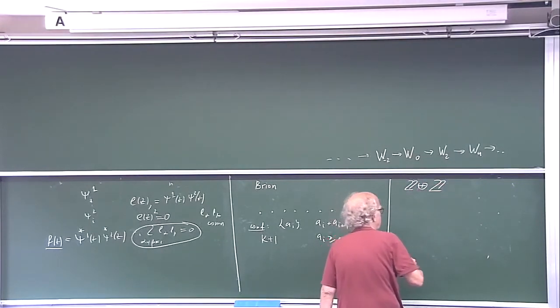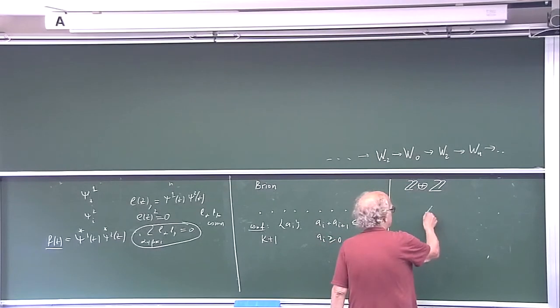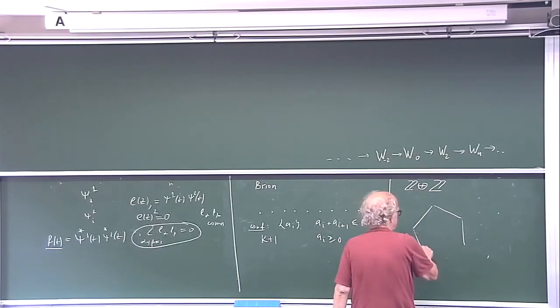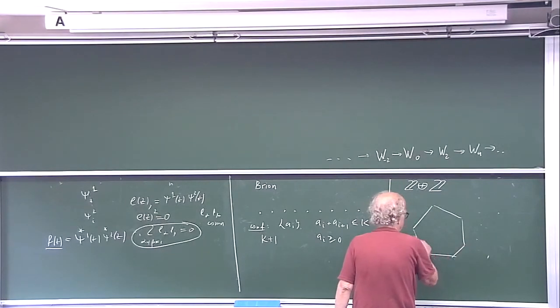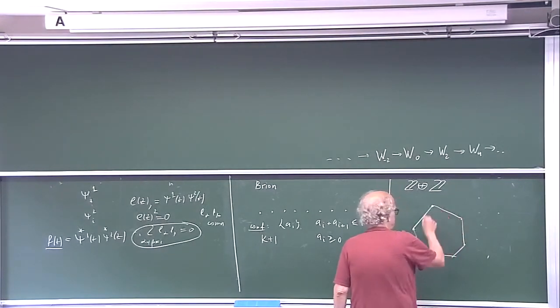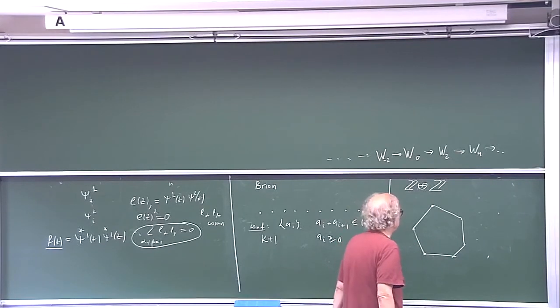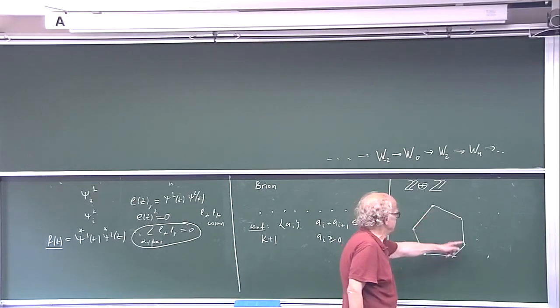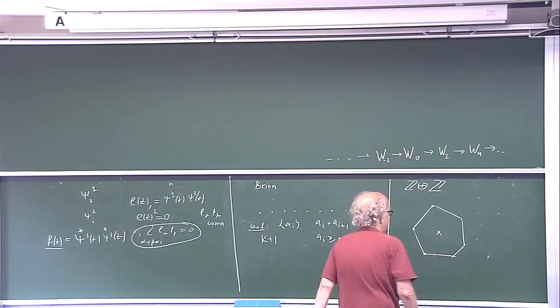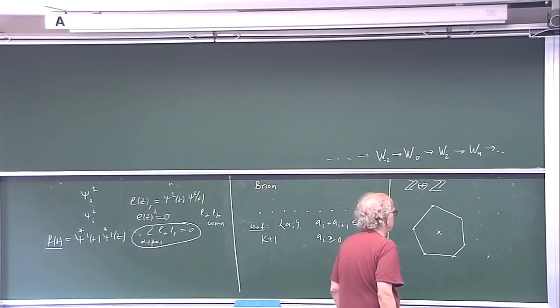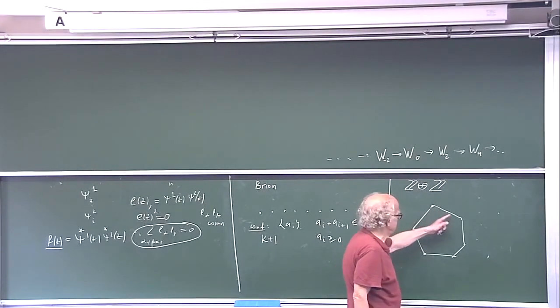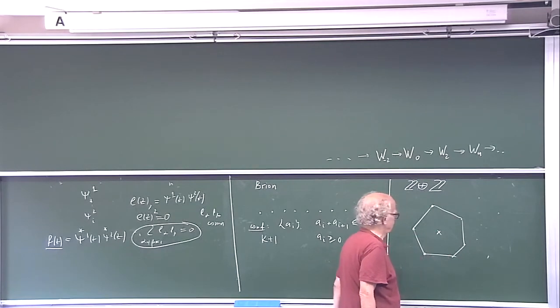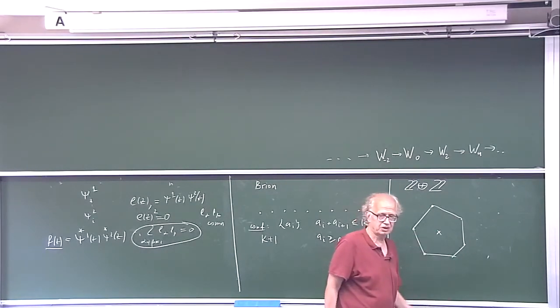Brion says we have some polytope here. In his case, this polytope has to be convex, and suppose, for example, 0 is inside, but that is not very important. What is important is that the vertices have to be at least rational, suppose even integer.